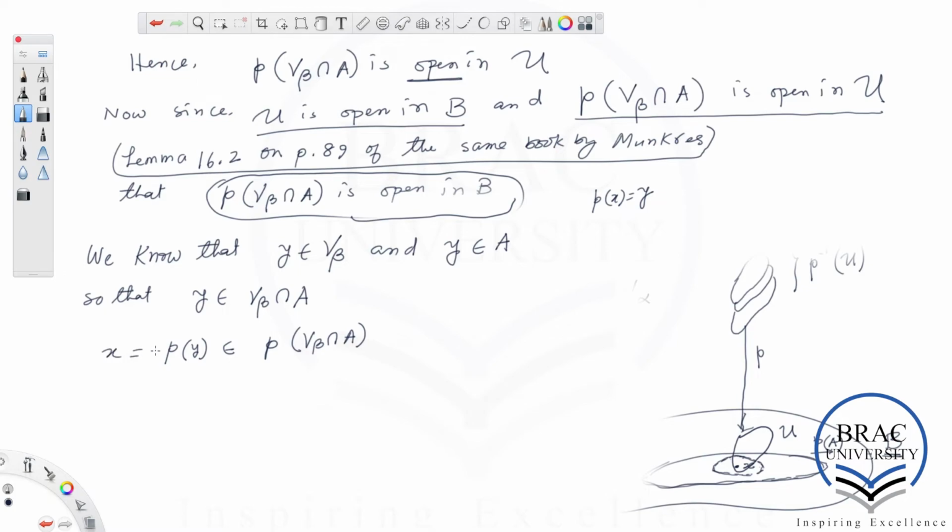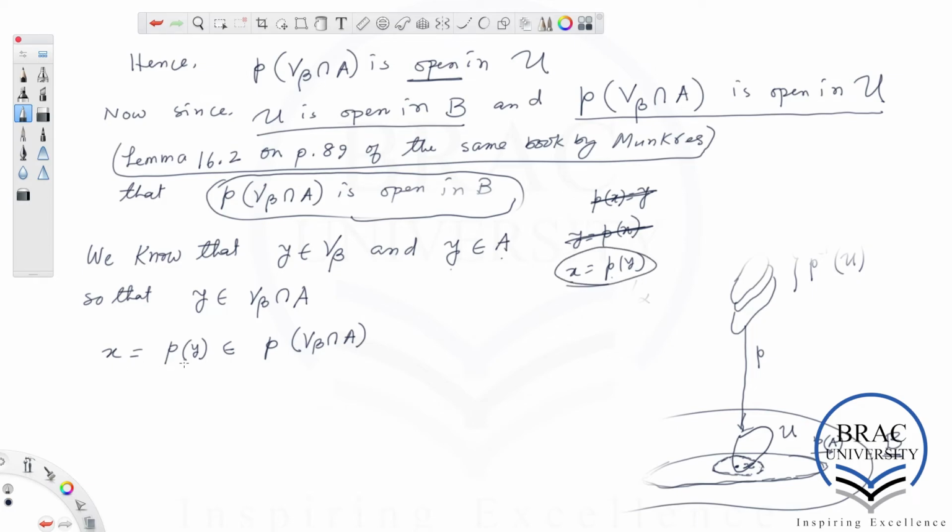But like we said that, sorry, I think I mistook it. Y is equal to P of X, right? We showed that X is equal to P of Y. So there existed Y in A such that X is equal to P of Y, right?